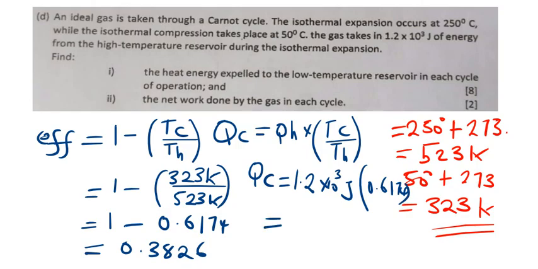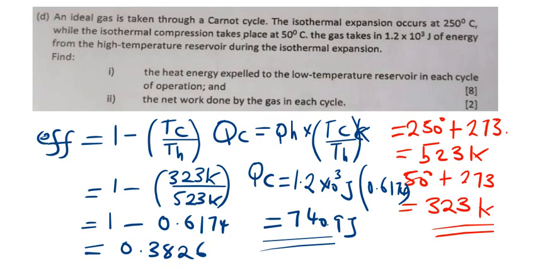Our job is just to multiply. 1.2 times 10 to the power 3 gives me 1200, multiplied by 0.6174, it is giving me 740.9 joules. The Kelvin and the Kelvin are going to cancel, so we're just going to have the joules remaining. That will be the heat that is going to be expelled.